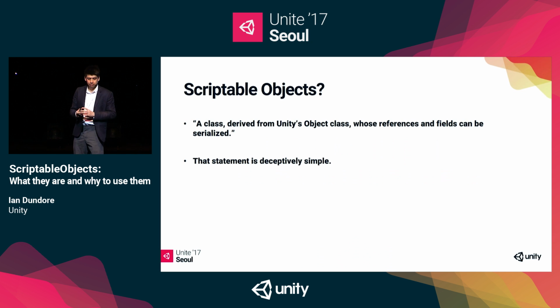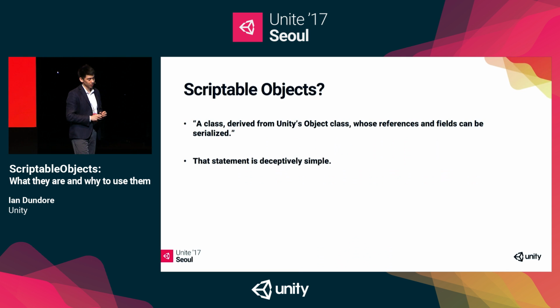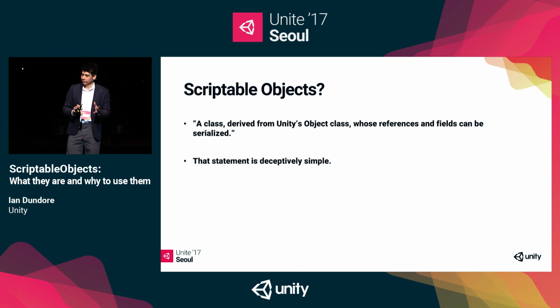To be very brief, it's a class that derives from the UnityEngine.Object class. Talk done. Okay, so Unity's serialization system can read and write from the scriptable object's fields, or member variables if you come from a C++ background.